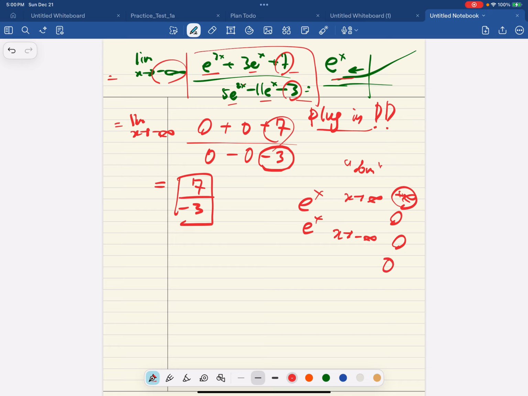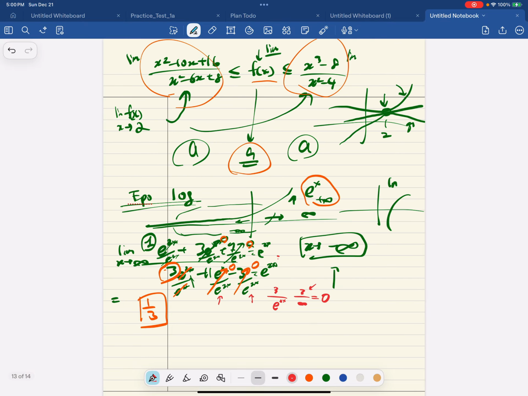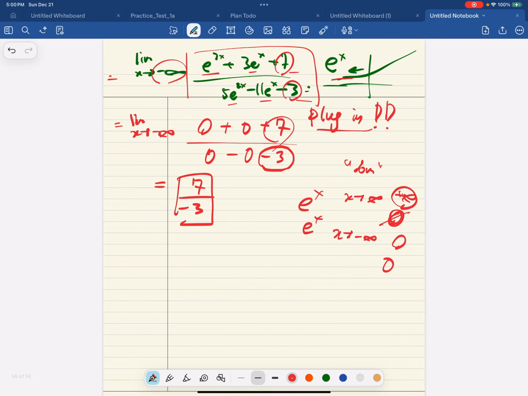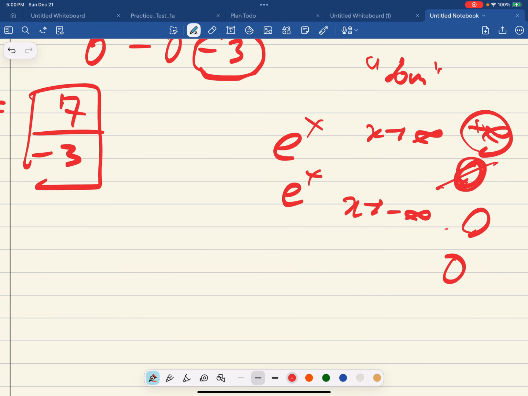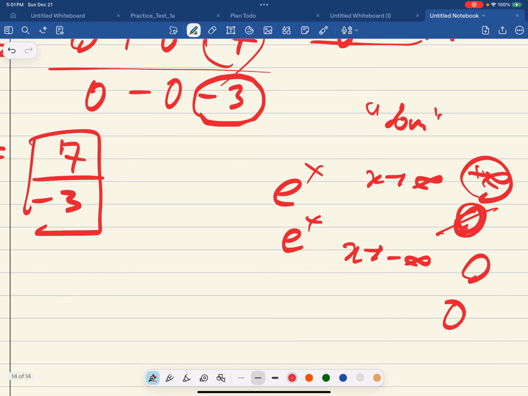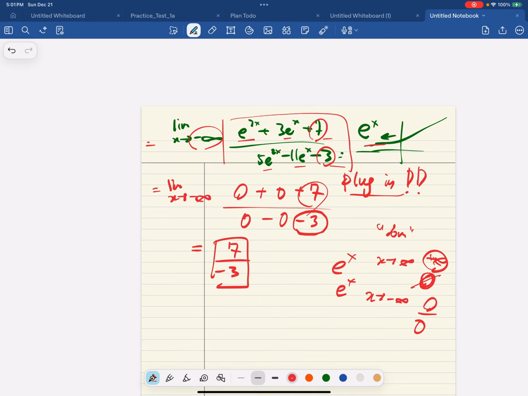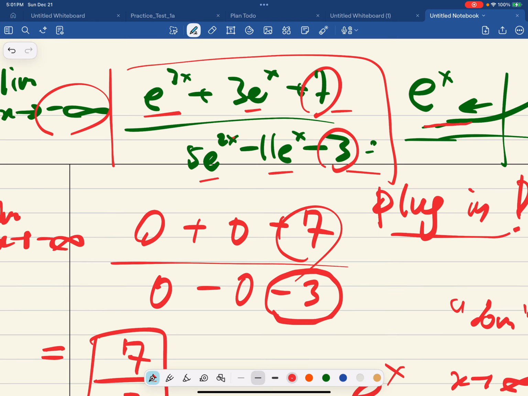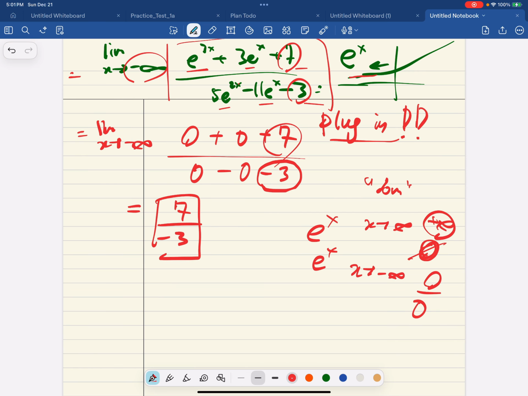This one is about dividing by the huge number. Dividing by a huge number will cancel everything out, so lots of cancellation happens, like right here. But here, when x approaches negative infinity, the value itself becomes 0. So it is just plugging in and multiplying, which will result in 0.